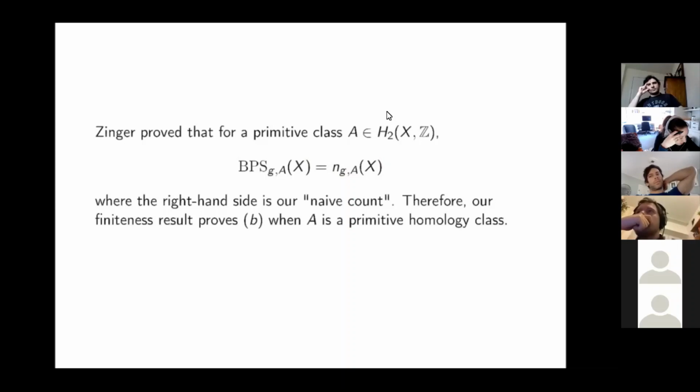Since our finiteness theorem shows that these numbers are 0 for large genus, and this is for a trivial reason, that there are finitely many curves no matter what genus, that means there is a maximal genus, and for all G above that genus, these numbers are 0 by definition. So this theorem I stated earlier shows that the finiteness part of the Gopakumar-Vafa conjecture holds when A is a primitive class.